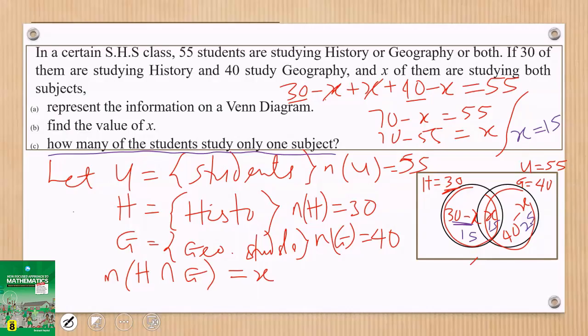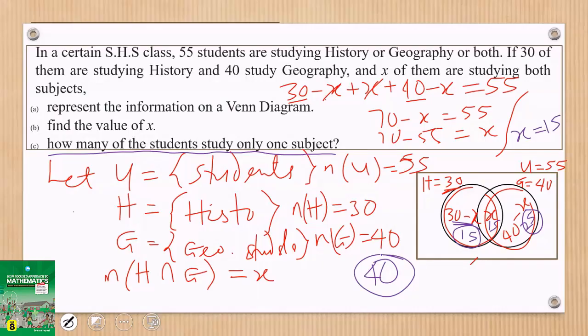Those who did only one subject are 15 and 25. Putting them together gives us 40. So 40 students study only one subject and 15 students study two subjects.